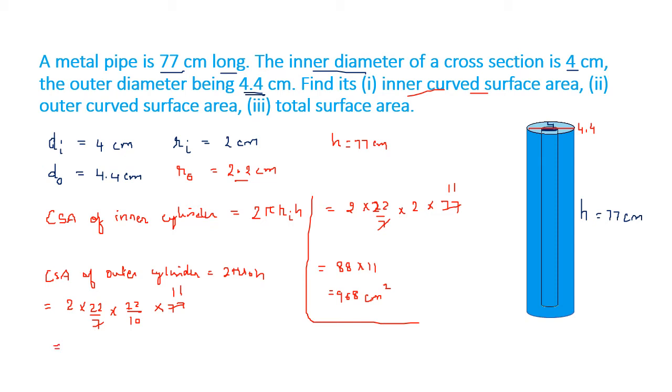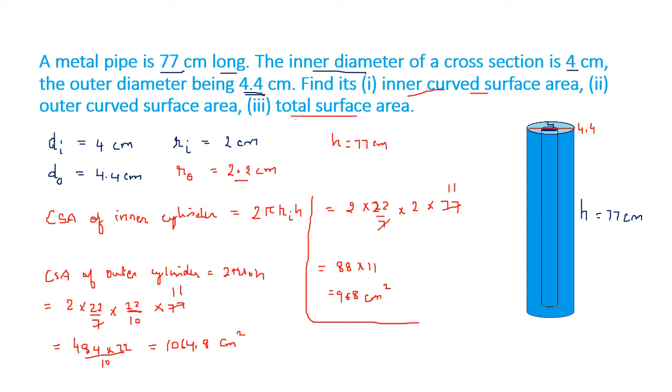This time we have 22 into 22 is 484 into 22. Upon 10 will give us 1064.8 centimeter square. Okay, so this is the outer, we found both.